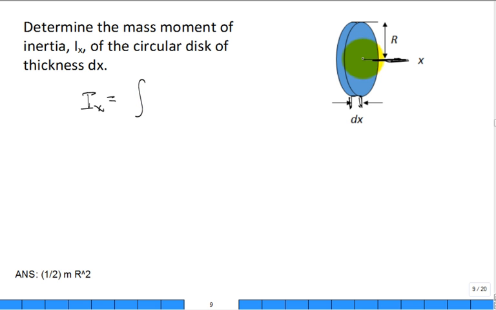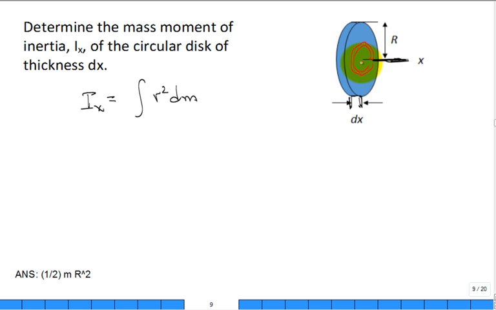Here, you're going to have, I'm trying to draw it. So what we have is this r squared dm, and so we don't set it up, we set it up as little rings. That's how we set it up. Try that. How's that? That goes all the way around.